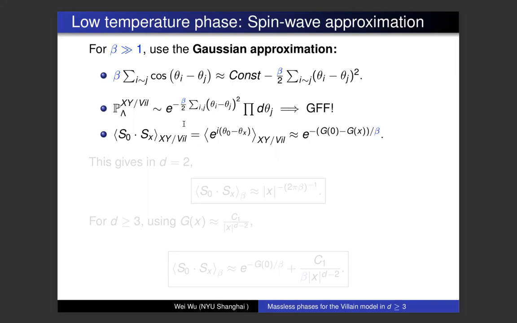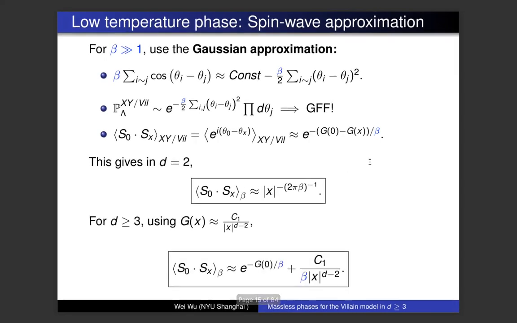If you do that, you can do explicit calculations. For example, the 2-point function you can just calculate explicitly using this Gaussian computation. It gives that in 2 dimensions, you have a power law decay, which is x to the minus 1 over 2 pi beta. And in dimensions 3 and higher, the 2-point function behaves like a constant plus another constant divided by x to the minus 2.